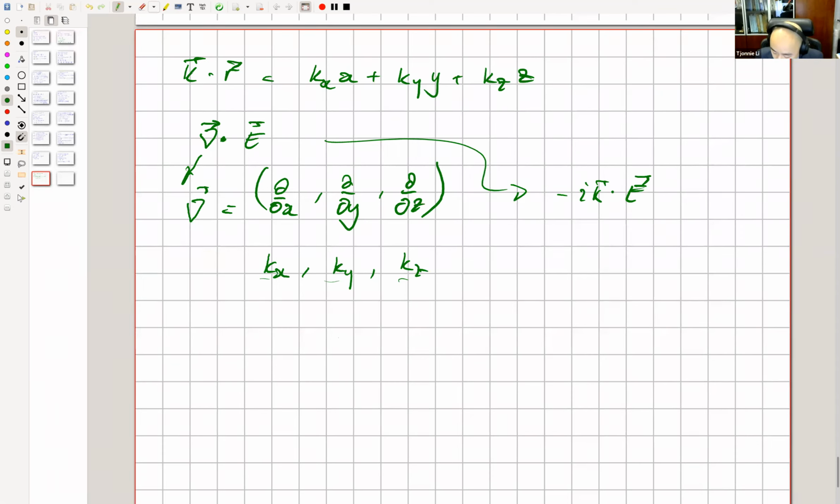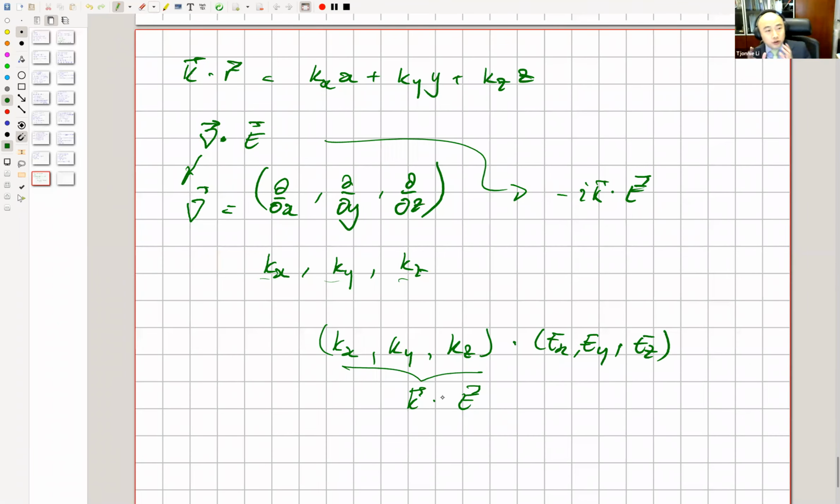In which case, I can simply write kx, ky, kz dotted with x, y, z. Okay, and therefore it's k dotted with E. But again, this all hinges on assuming that we have the solution as a wave solution, as a plane wave solution, that this works, right?